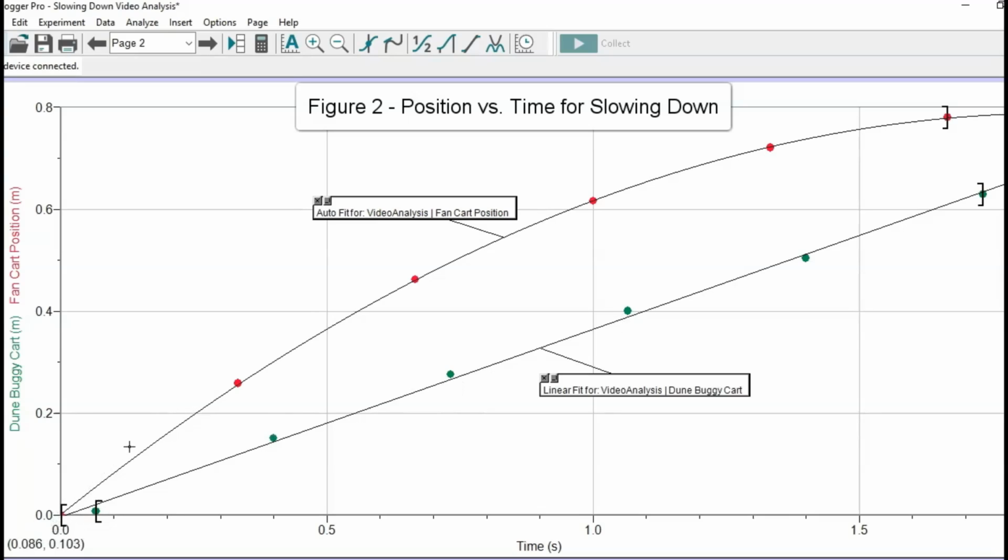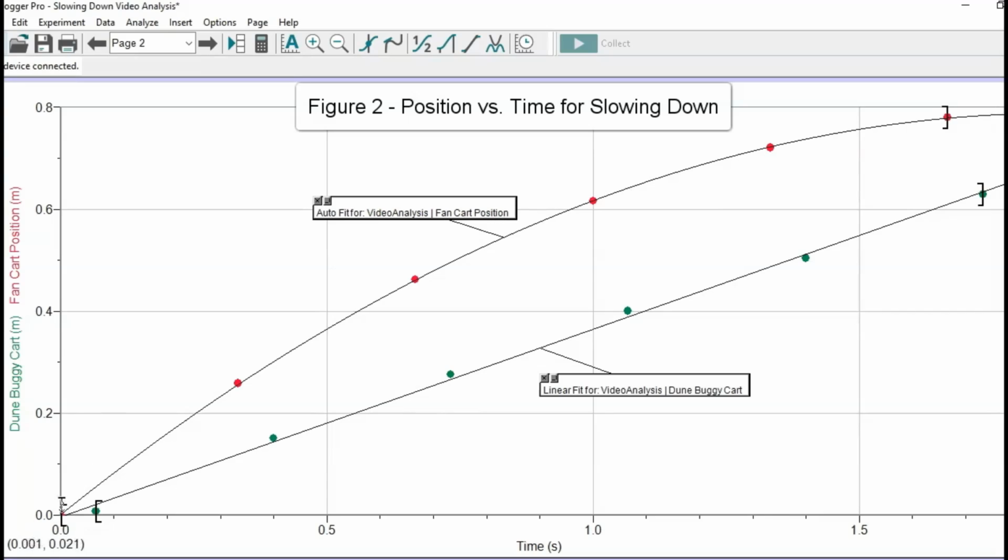However, with the fan cart, we know that the displacement is getting less and less as time goes on, and that acts to flatten out the line or bend the line down, creating a curve. Now notice, this curve goes from steeper to flatter. That's different than our speeding up curve, which went from flatter to steeper.